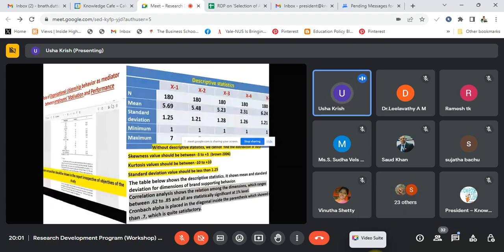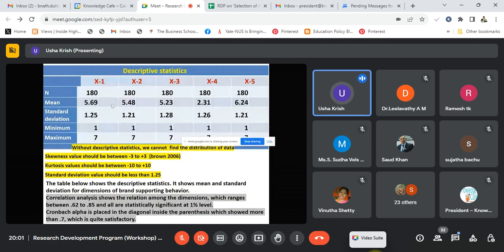The next one, in the next table, that is the slide you are seeing, we have to give the details of descriptive statistics. Now the question is why? Experts say that without descriptive statistics, we cannot know the distribution of data.